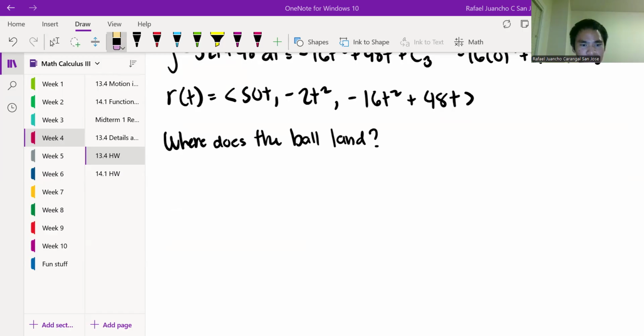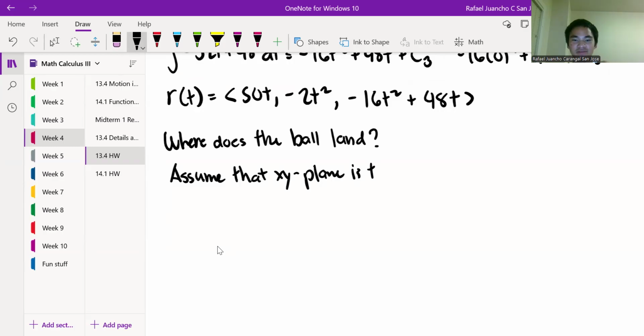So I get my R of t. Also, it is. So where does the ball land? We assume here that the XY plane is the ground.